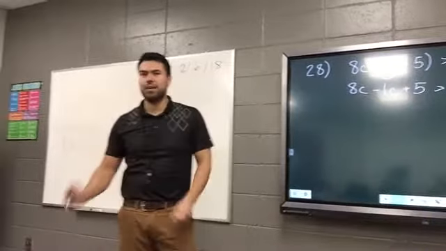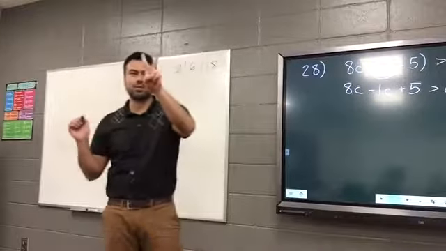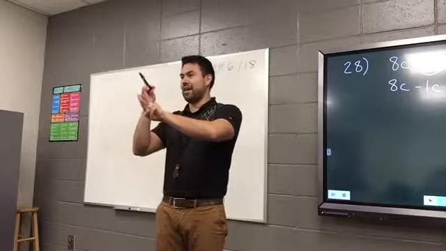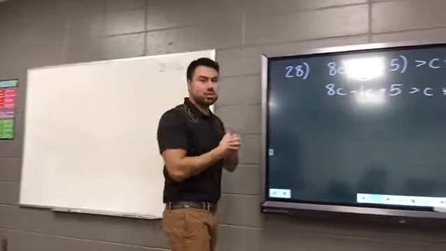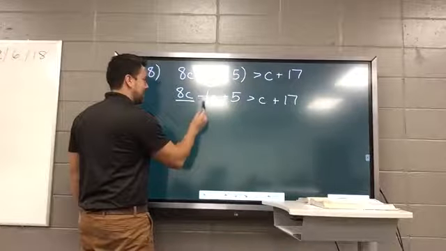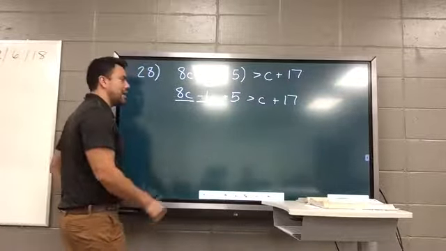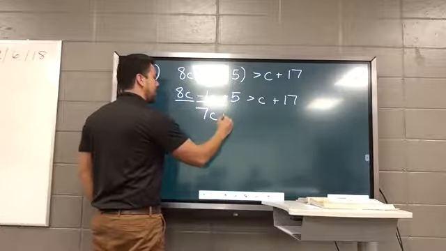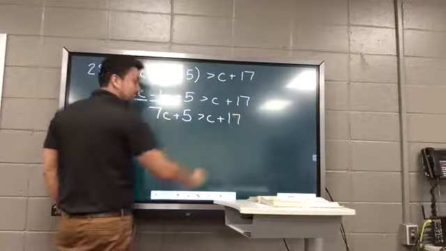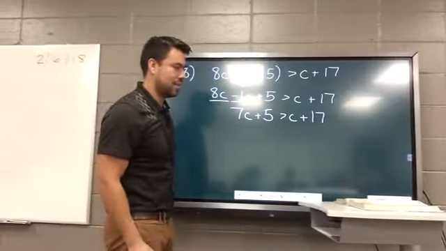Okay, what would be my next step? Step 2 would be to add or subtract or combine like terms. Are there like terms on the left side? Yes, the 8c and the -1c give me 7c, and then plus 5 is greater than c plus 17. Great.